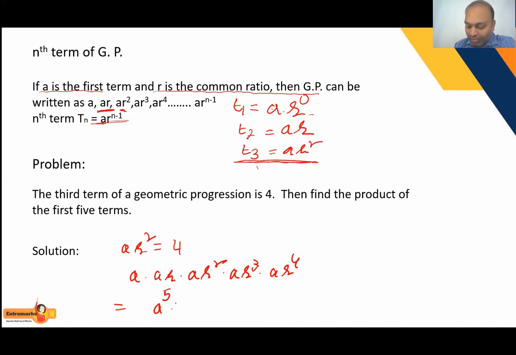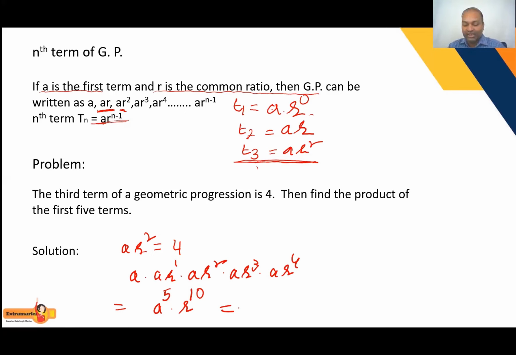So the r power value will be 1 plus 2 plus 3 plus 4. So 4 plus 3 is 7, 7 plus 2 is 9, 9 plus 1 is 10. So the r power value is 10. That is equal to a power 5 into r power 10.